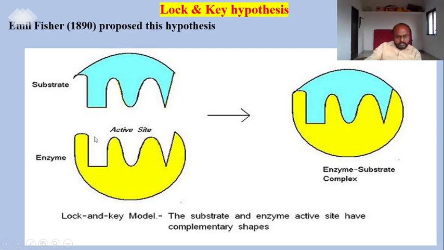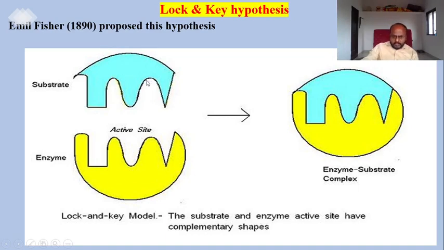This active site is complementary to the active site of the substrate, and the enzyme active site is a rigid structure that cannot change. When the enzyme active site and the substrate active site are complementary, it is the same relation as between the lock and the key. That means the enzyme is the lock and the substrate is the key.